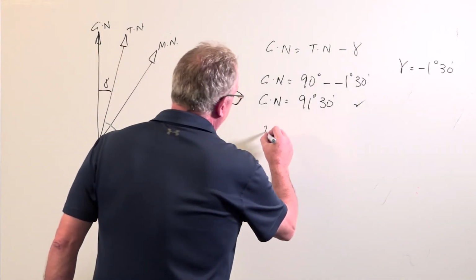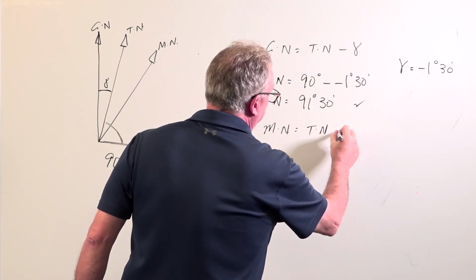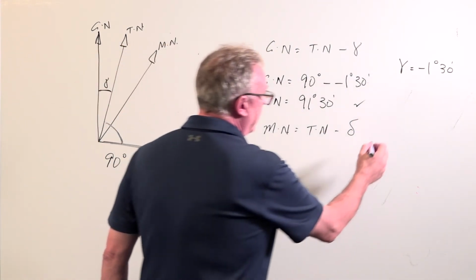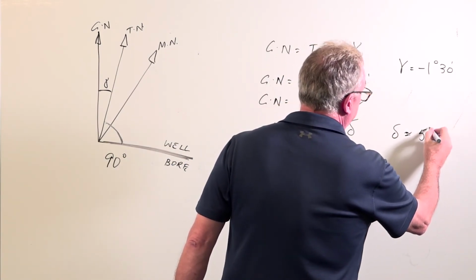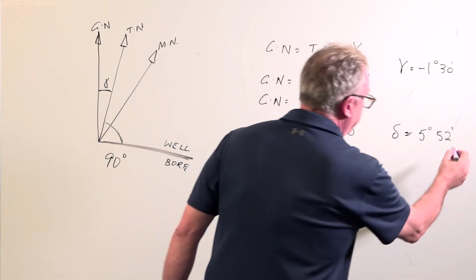Secondly, we know that magnetic north is going to equal true north minus magnetic declination, and we were told that the value of magnetic declination was approximately equal to 5 degrees and 52 minutes to the east, so positive.